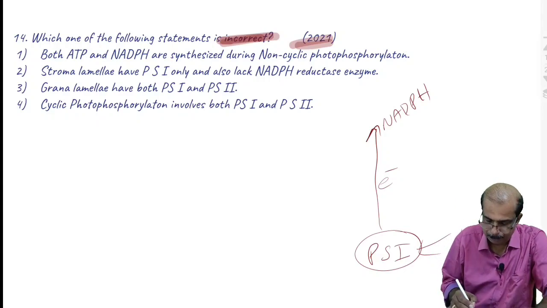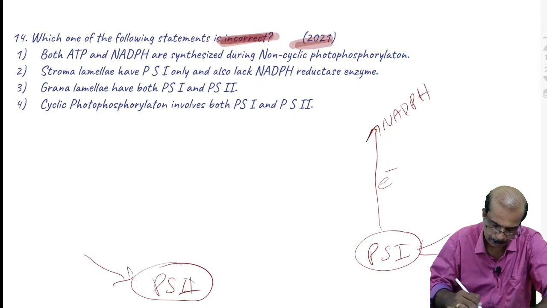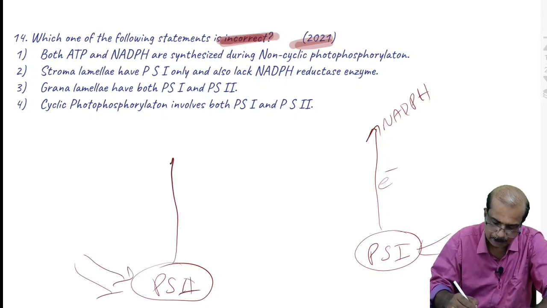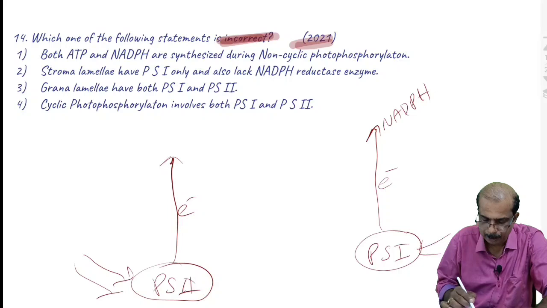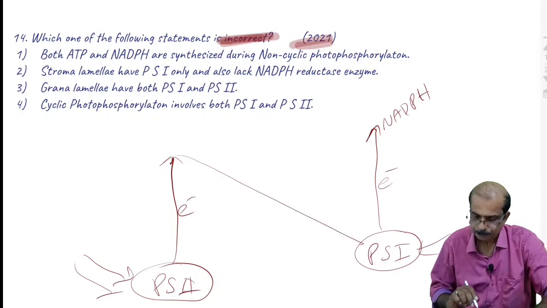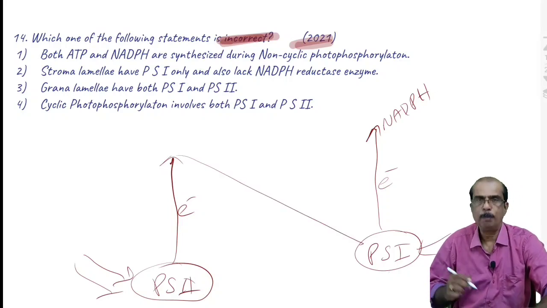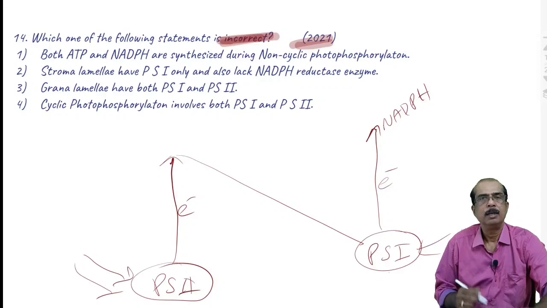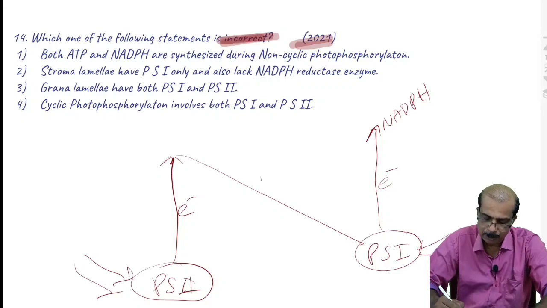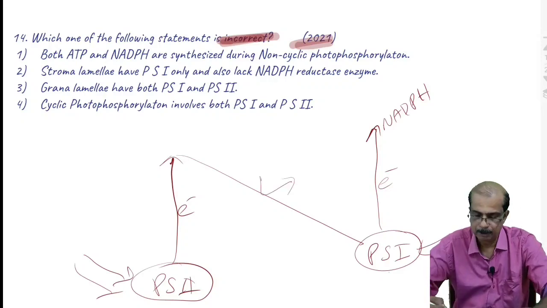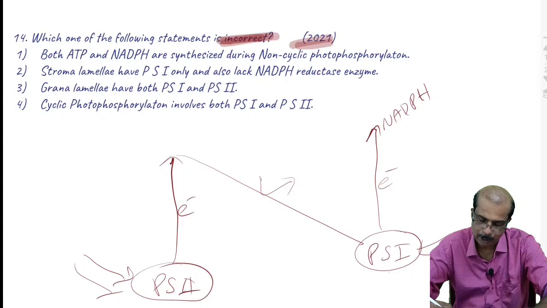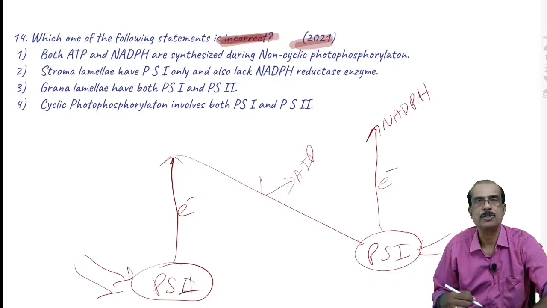For the other photosystem, PS2, absorbing light, it also excites an electron, and this electron travels to PS1 to compensate the electron loss from that PS1 system. During this traveling of electron, ATP is also synthesized.